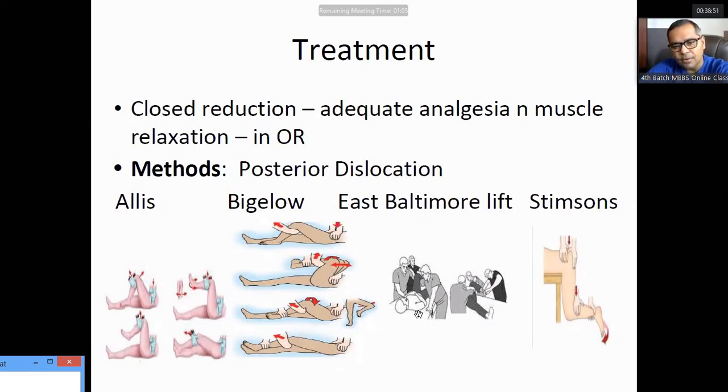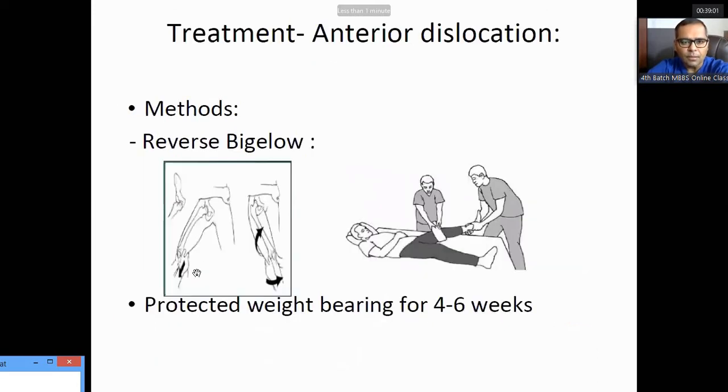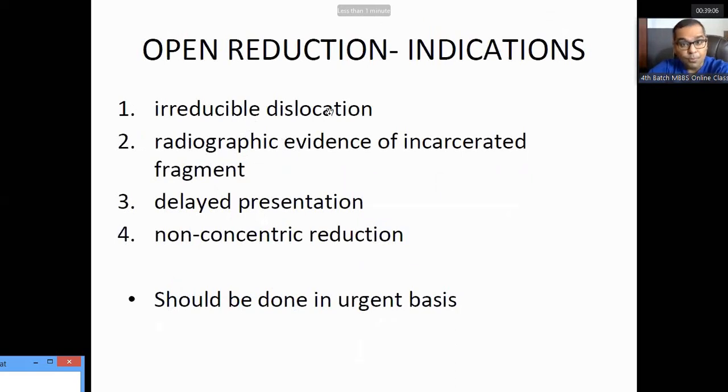East Baltimore lift, like in this picture. Stimson's, these are all described, and this Allis is the typical method we follow, and I suggest you go to YouTube to see the technique. Anterior dislocation, reverse Bigelow.